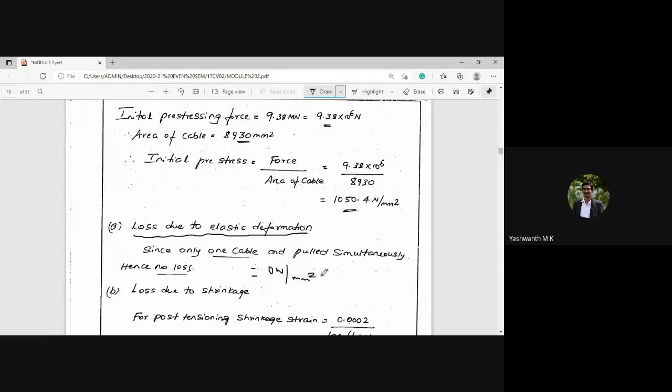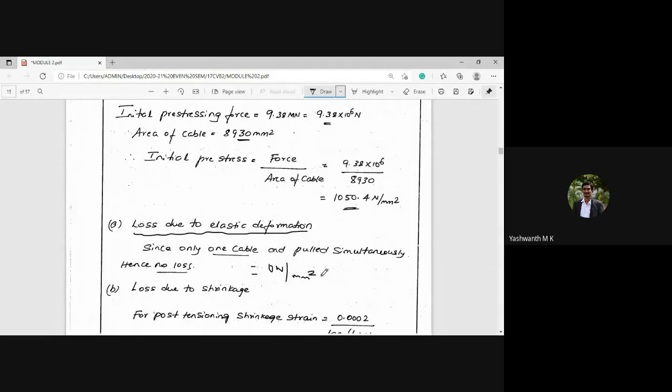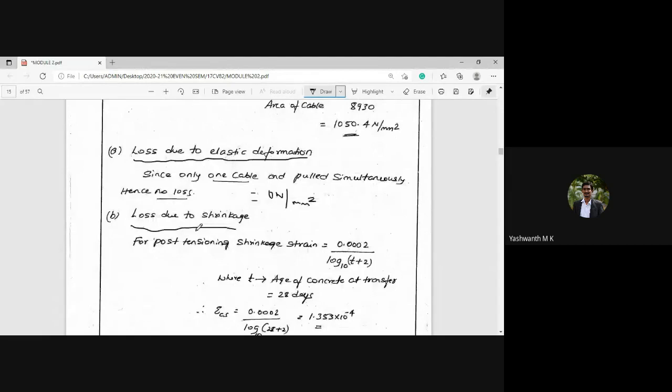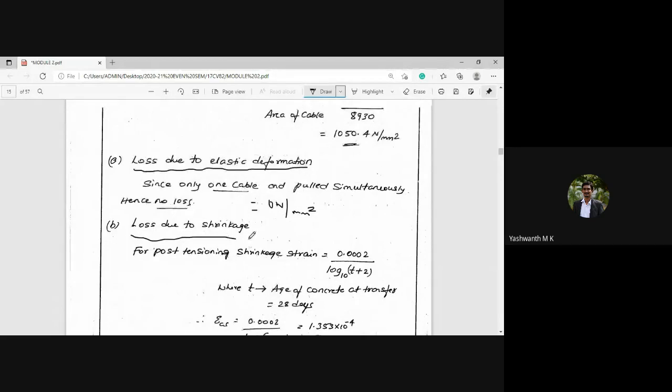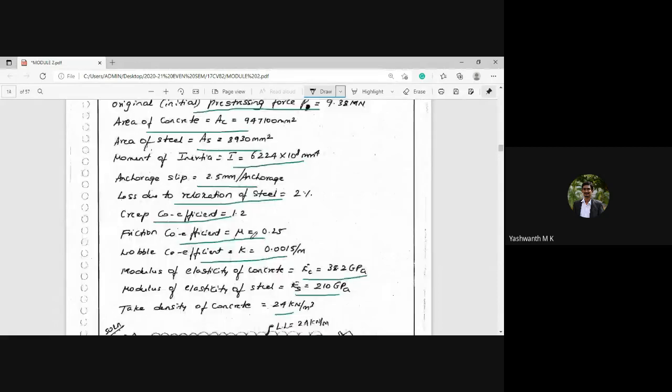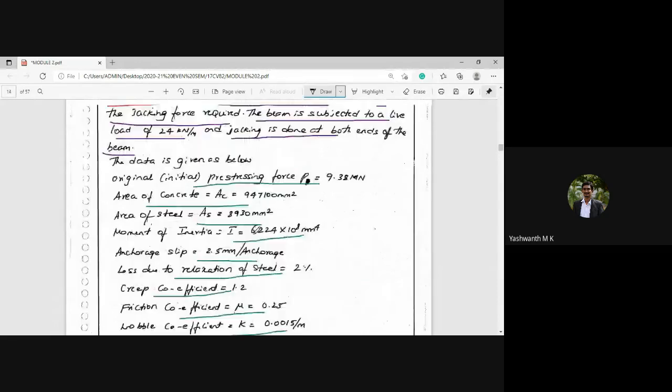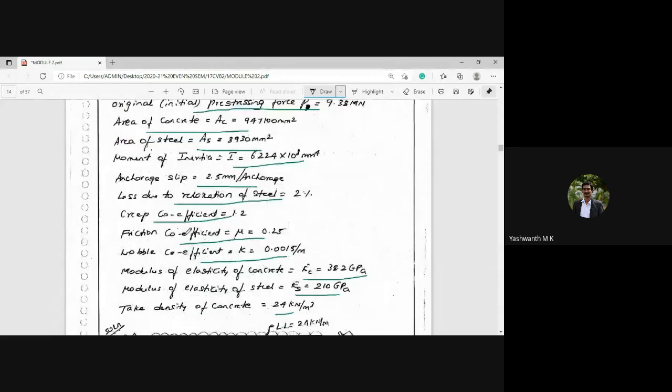Is it clear? Next, the second is the loss of pre-stress due to shrinkage. In the last two problems I gave the shrinkage strain data, that is, the total residual shrinkage strain. Here, nowhere is the shrinkage strain data mentioned. So how do we calculate the loss of pre-stress due to shrinkage?